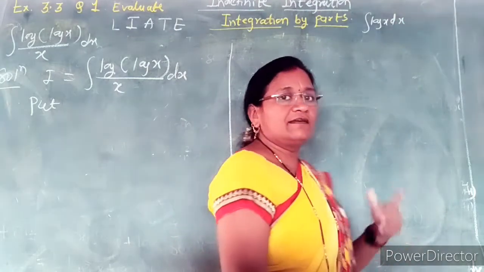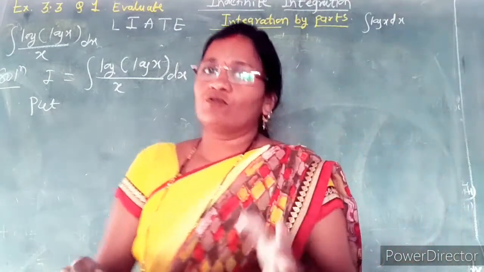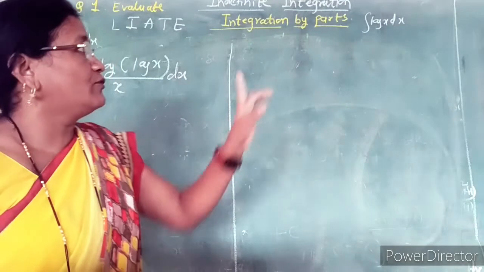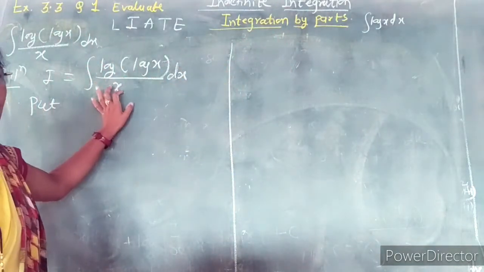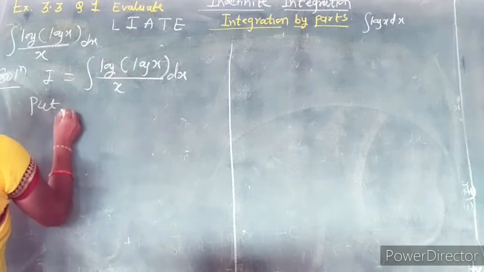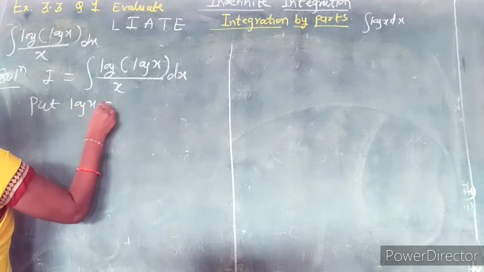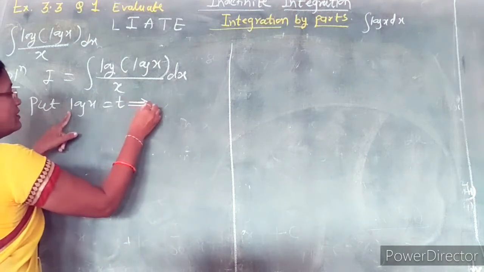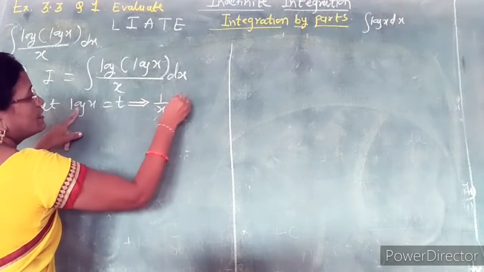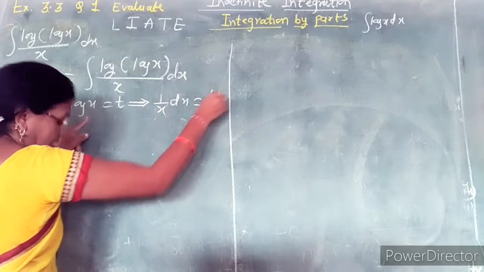Maybe a student writes the integral of log x is 1 upon x dx, but this is the derivative. We cannot write the integral of log x directly. So we take the substitution log x equal to t. Finding the derivative we get 1 upon x dx is equal to dt.